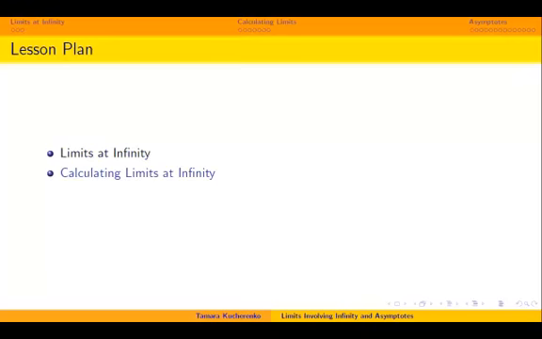Then we go over several useful techniques which allow us to calculate limits at infinity. Then we investigate the global behavior of functions and whether their graphs approach asymptotes, vertical or horizontal.